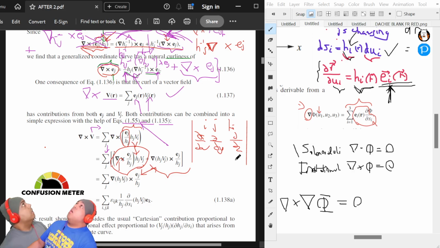I'm trying to think, is it del X? Maybe it's like del U1, del U2, del U3. Hmm. EJ. I think two of these will be zeros and one of them will be one. Either that or some weird shenanigans where each of them have a relationship with EJ or something.